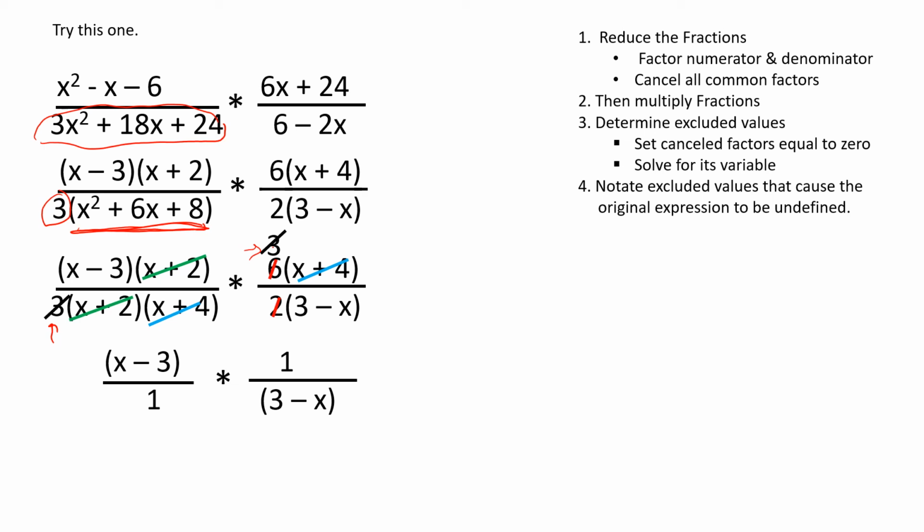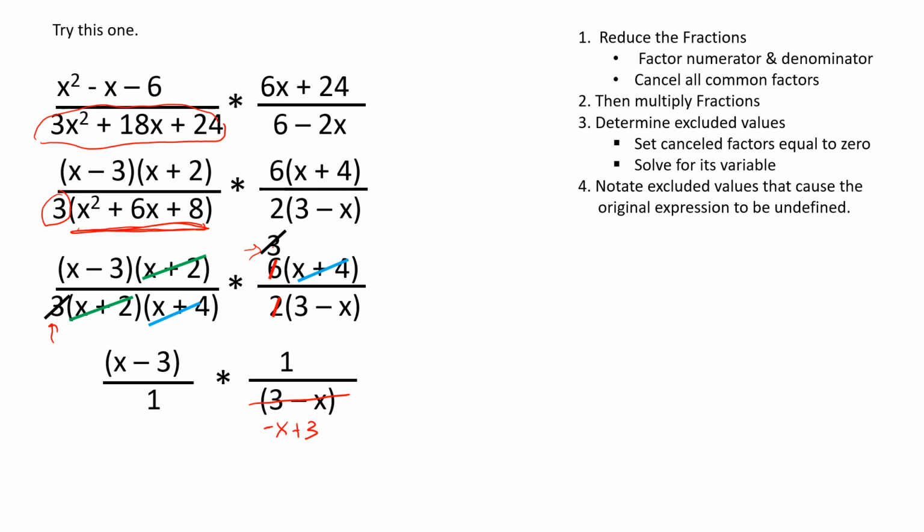Now look at this. This is x minus 3 on top and 3 minus x. They're not the same at all. But what if I rewrote this to be negative x plus 3? All right. Are they the same? Can they cancel out? No. One's a positive x, one's a negative x. One's a negative 3, one's a positive 3.